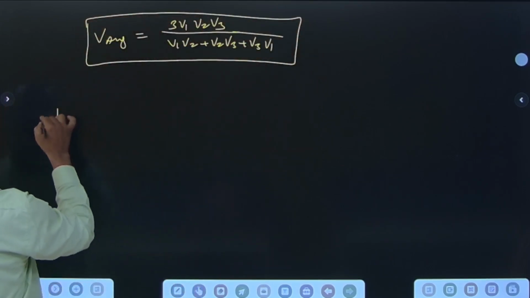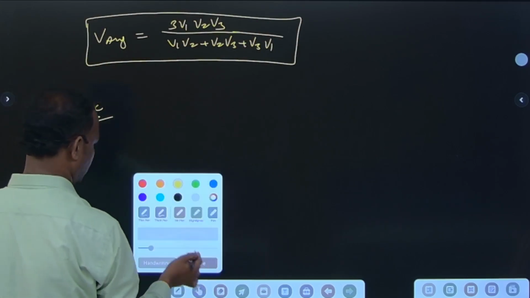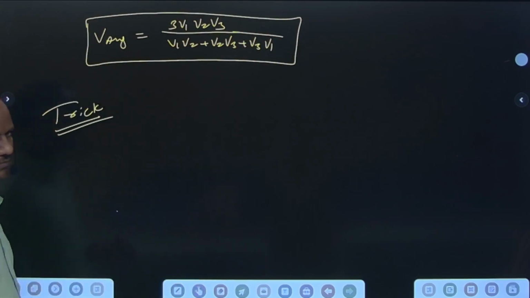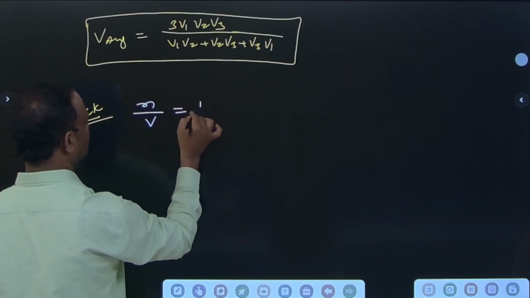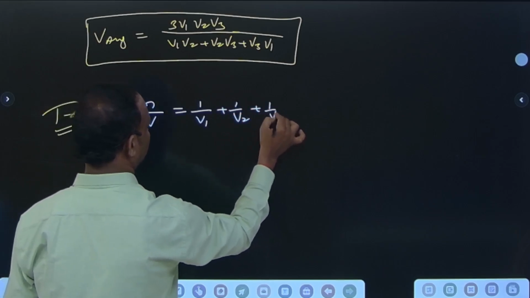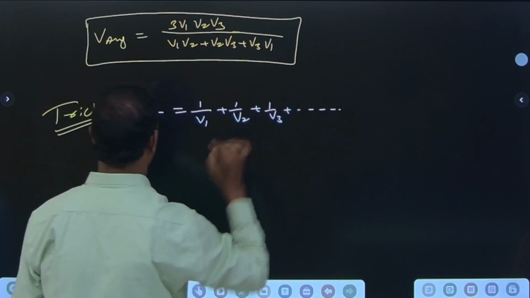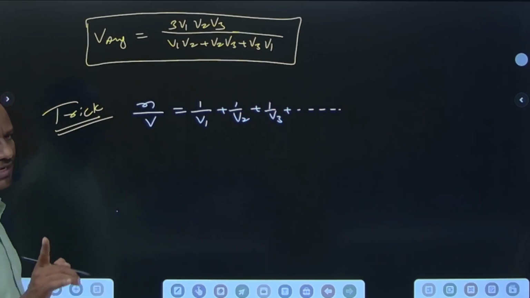So what is the trick, sir, for problem solving? The trick is N by V is equal to 1 by V1 plus 1 by V2 plus 1 by V3 and so on. How many intervals?